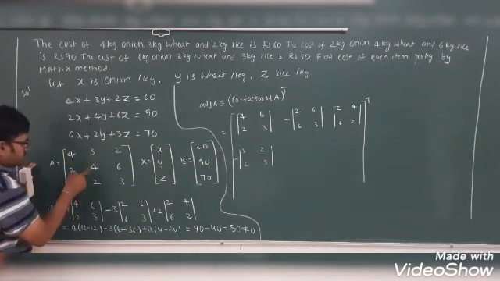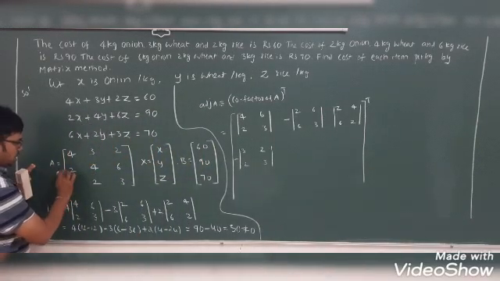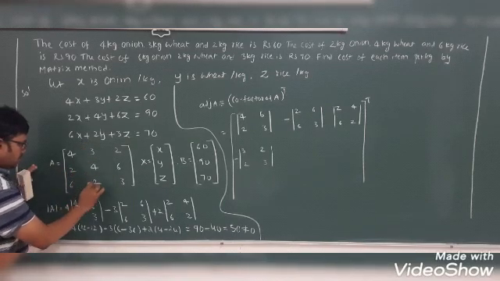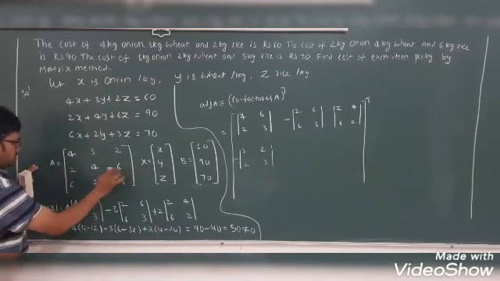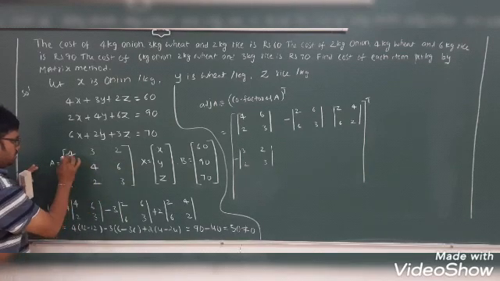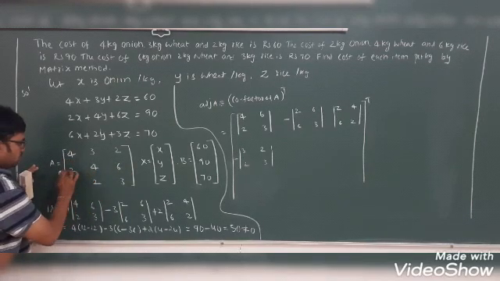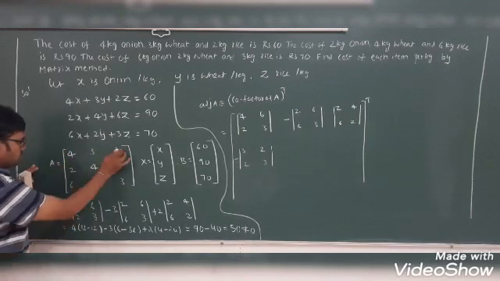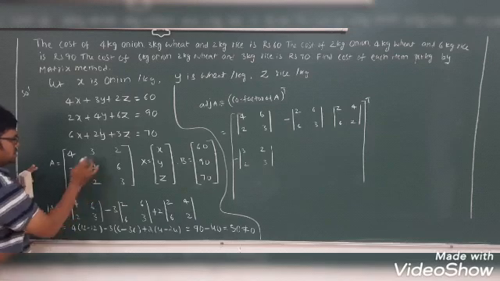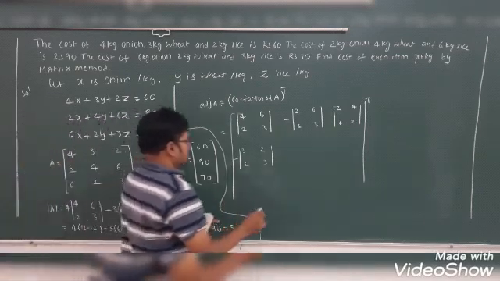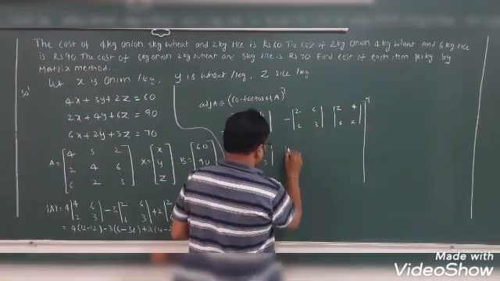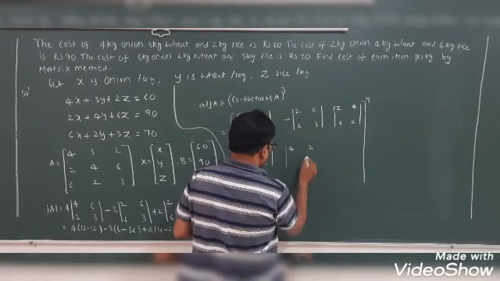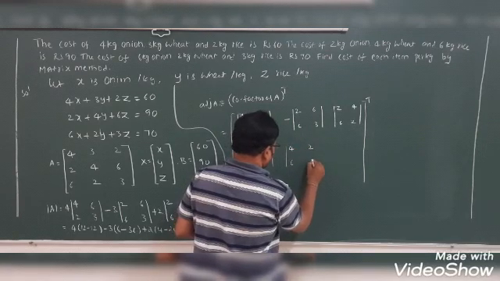Next, 4. So here suspend this column and row. Then we get, see, this row and this column, we get 4 2 6 3.